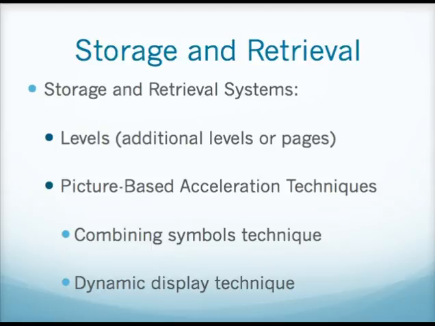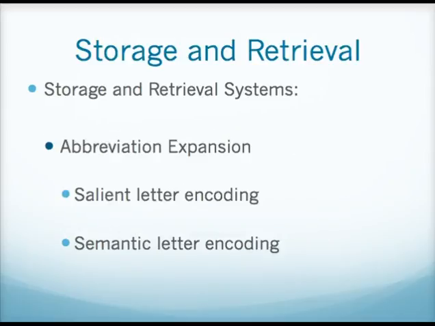So these messages are stored within that student's device to be spoken when that combination of pictures is selected. We also have a dynamic display technique. So a device like a Dynavox, where the display of pictures is constantly going to change based on what the student selects.